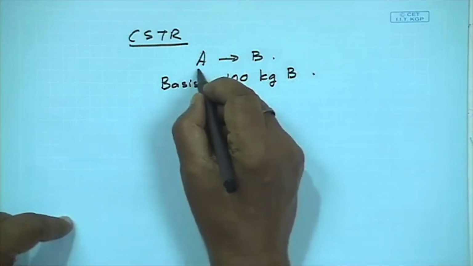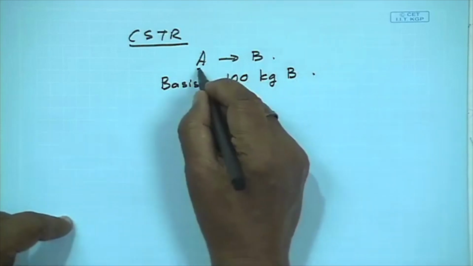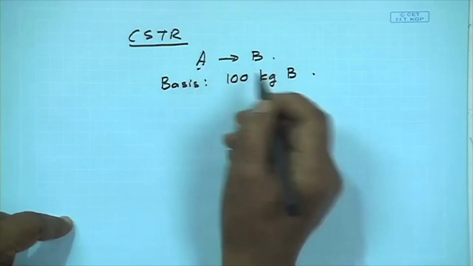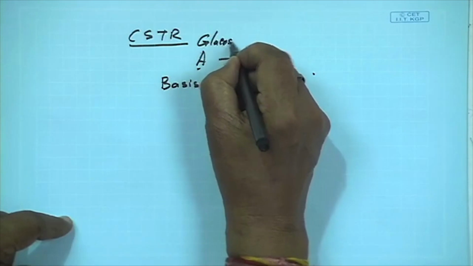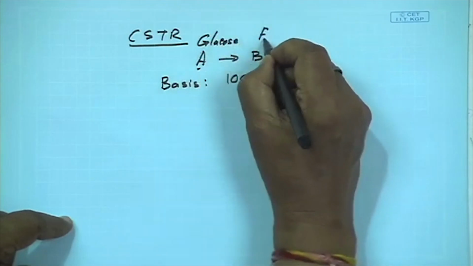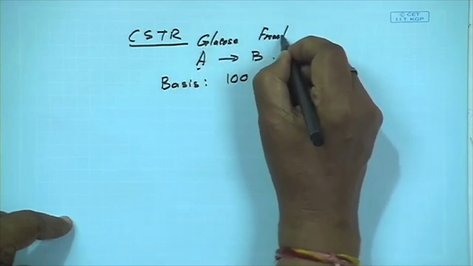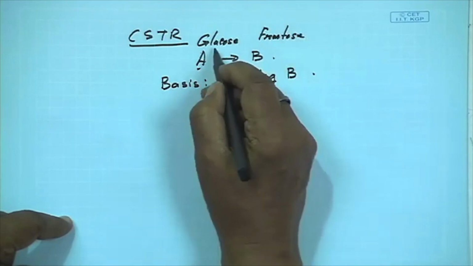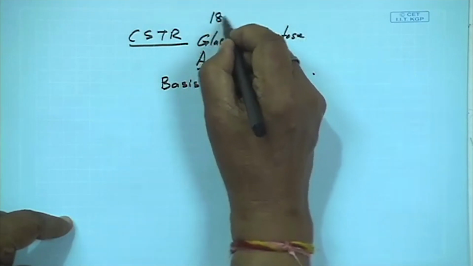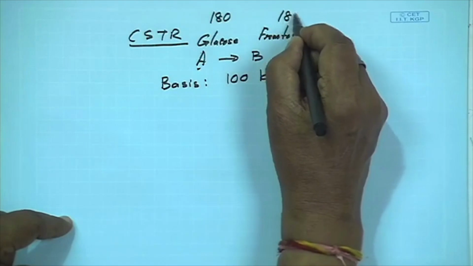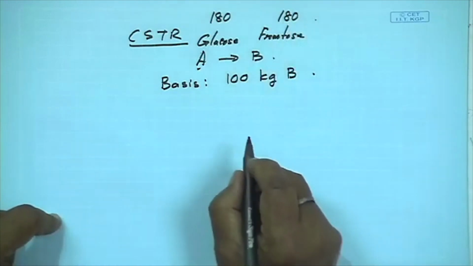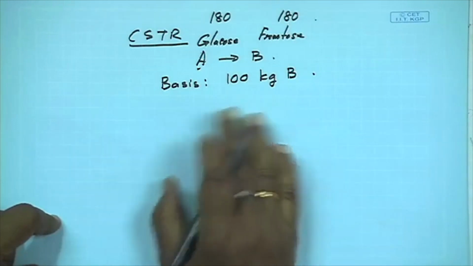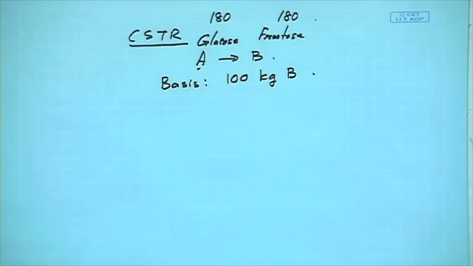So, you know the molecular weight of this. Let us assume this is glucose converted to fructose. Now, why do we assume that? Here the molecular weight is 180, and here also you have 180. Am I right?